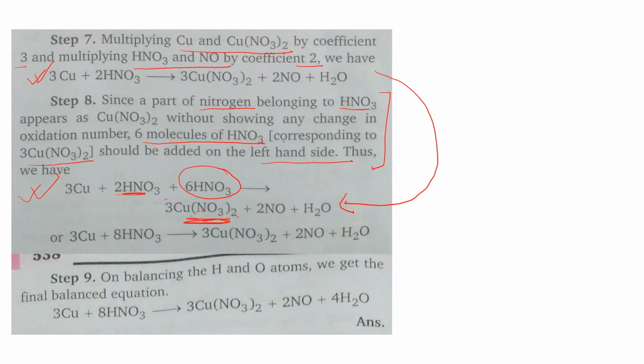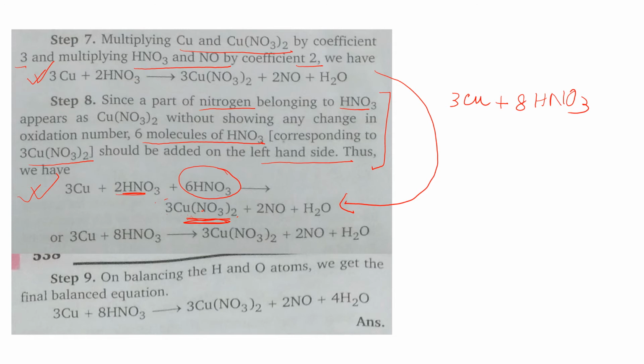I think you have understood. By adding, I am getting 3Cu plus 2 and 6, that is 8HNO3. Why have I added 6HNO3? Because the Cu(NO3)2 on the right hand side is coming from HNO3 only, but there is no change in oxidation number. That means an equal amount of nitrogen is also present on the left hand side.